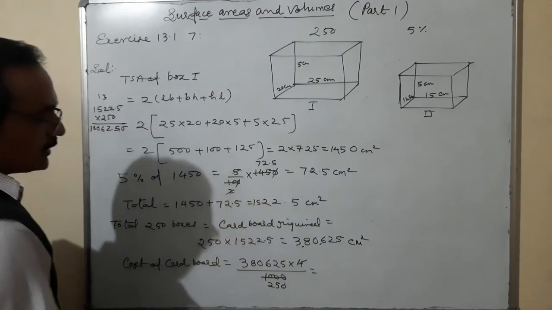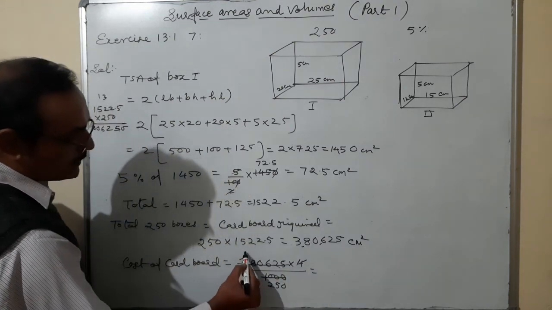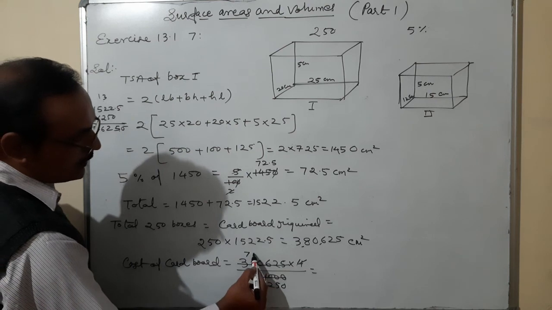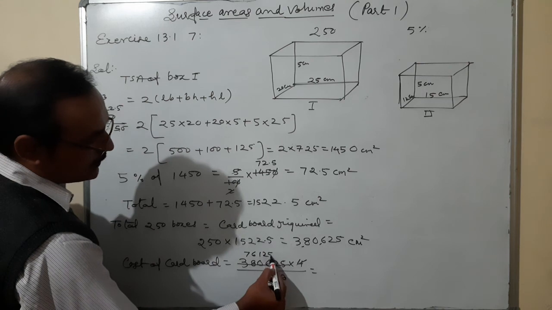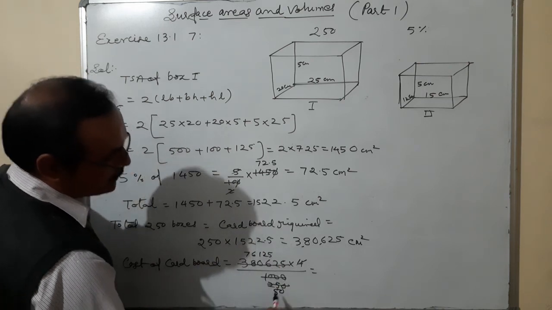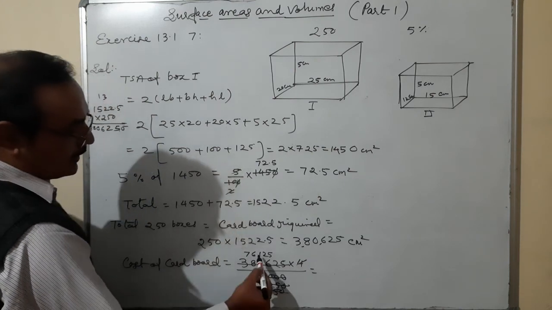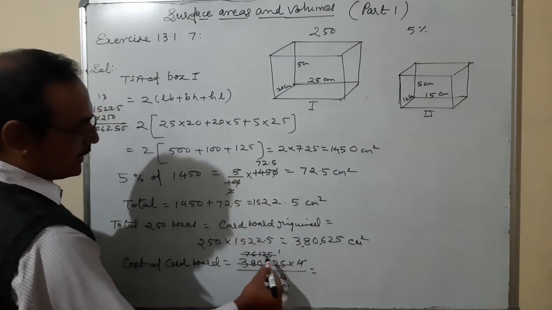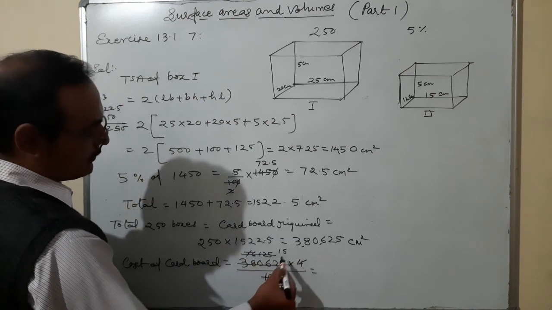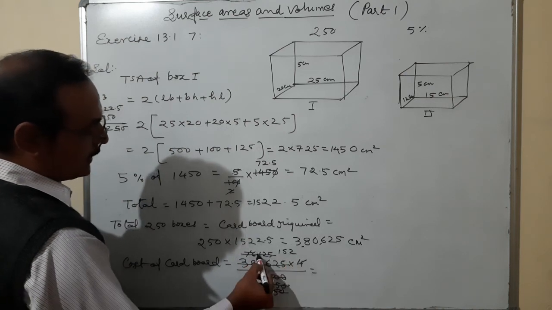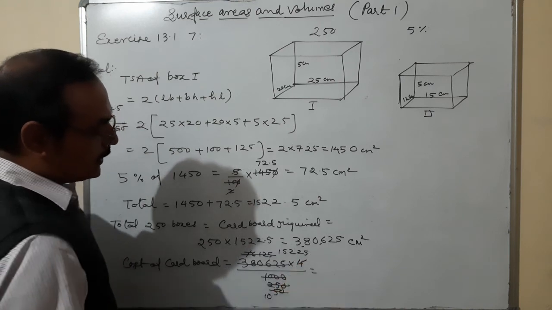Now we are going to cancel it by 5. 5 sevens are 35, 5 sixes are 30, 5 ones are 5, 5 twos are 10 and 5 fives are 25.